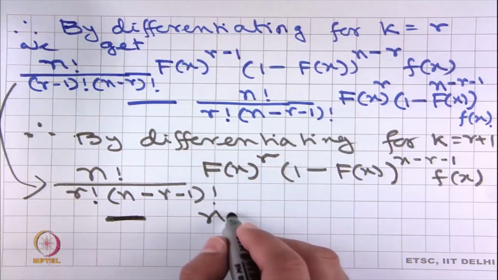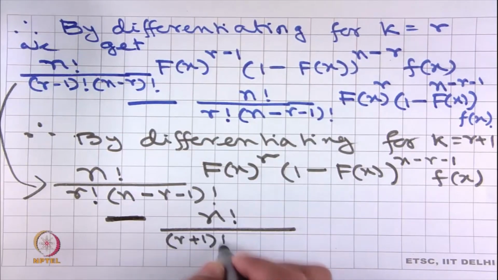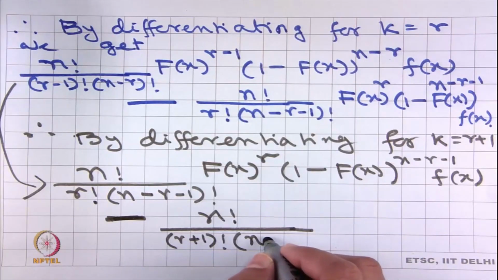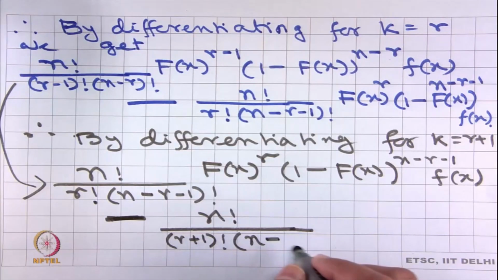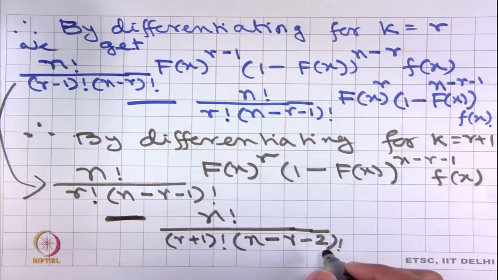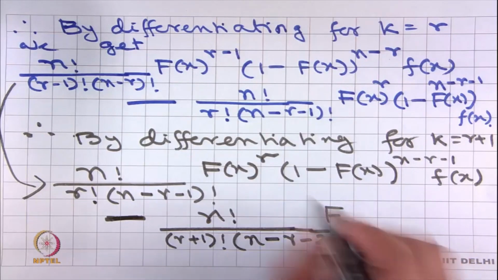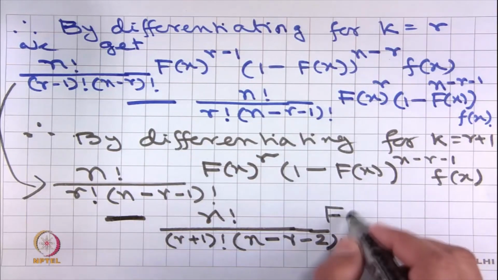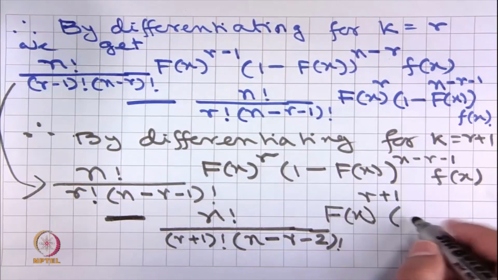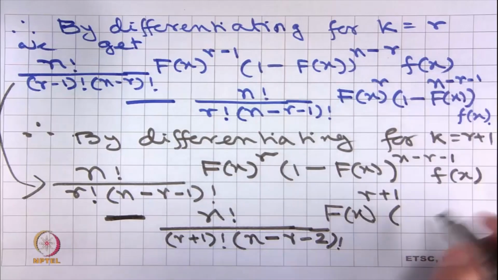Subtraction, n factorial upon r plus 1 factorial, n minus r minus 2 factorial, f(x) to the power r plus 1, where r is replaced with r plus 1, and now here r will be replaced with r plus 1.